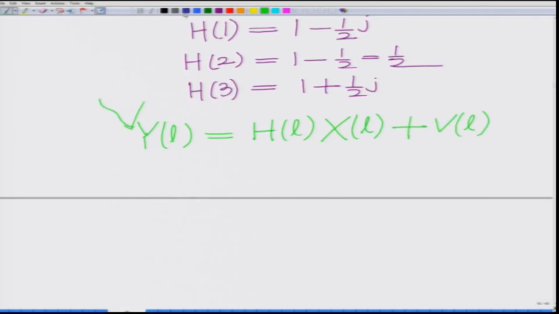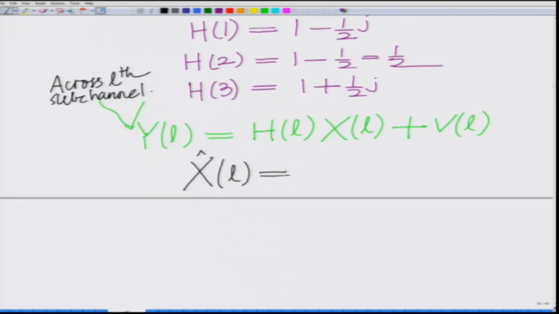Therefore, the estimate X hat of the nth FFT coefficient across the nth sub channel is simply YL divided by HL.